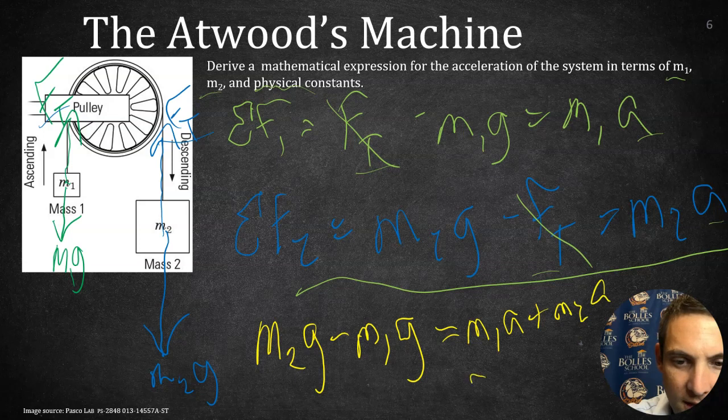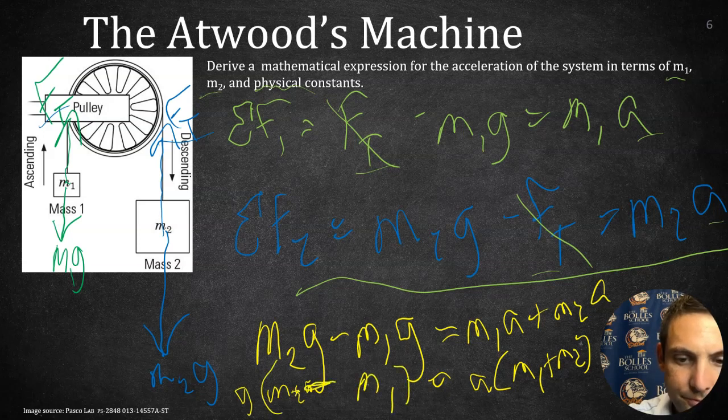I can factor out an a, m1 plus m2. Oh, I can factor out a g over here: g times m2 minus m1. And then I'll divide by m1 plus m2 on each side to get my acceleration.